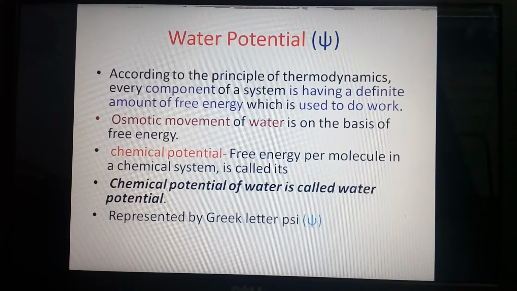So inside the water there is a presence of free molecules, which are responsible for their movement. This water potential is represented by the Greek letter psi.